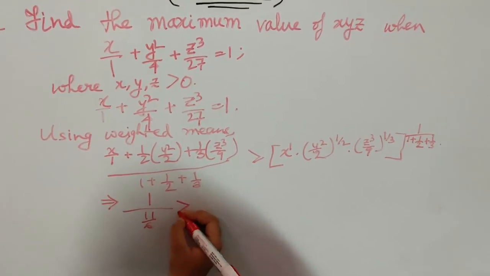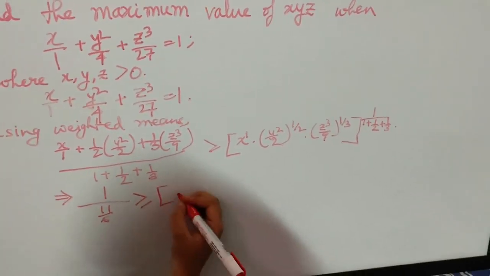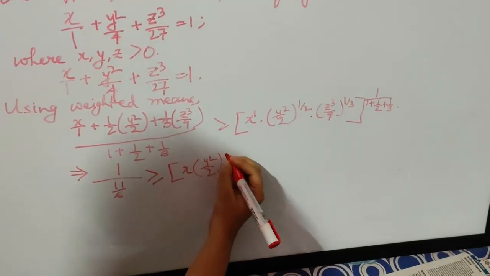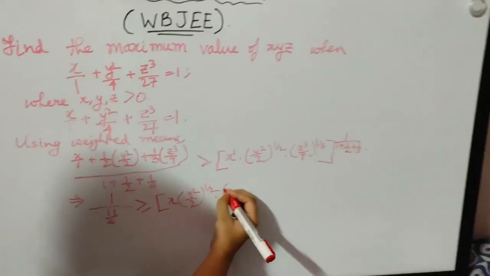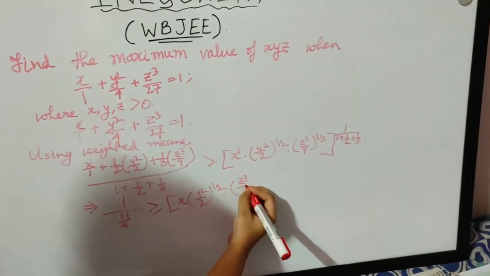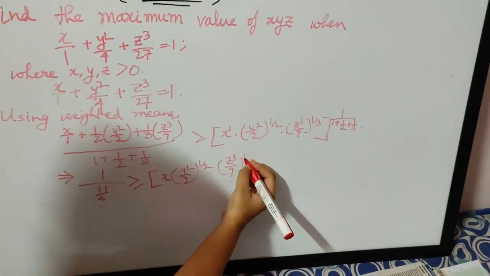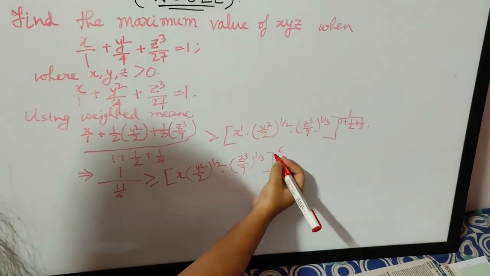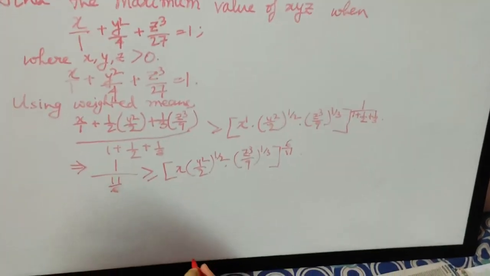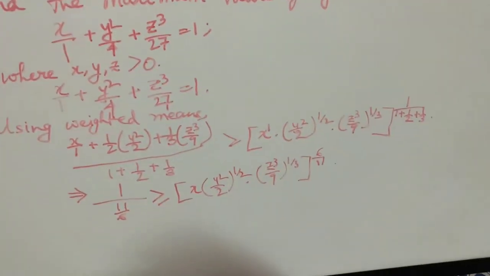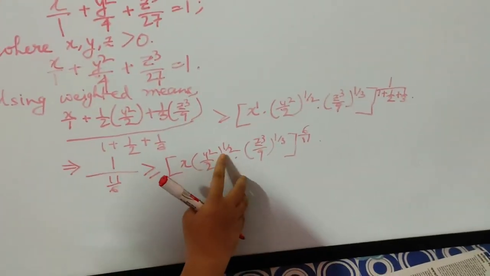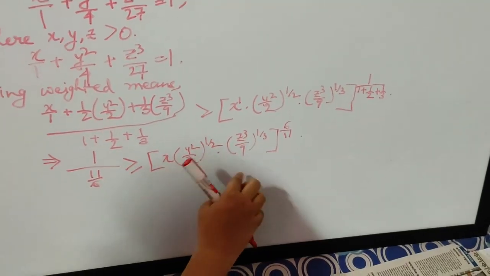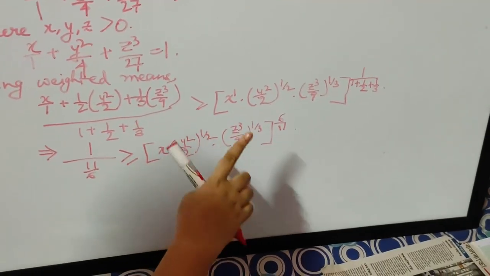So this is greater than or equal to x into (y square by 2) to the power half into (z cube by 9) to the power 1 by 3, whole to the power 6 by 11. Now you can see that this 2 and this 2 get cancelled, and this 3 and this 3 get cancelled. So here we get a term of xyz.